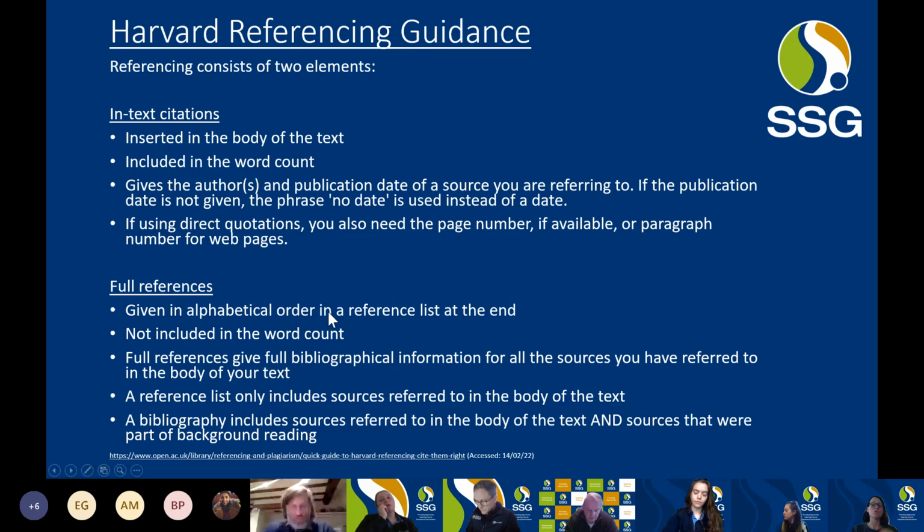And then you've got your full references list at the end. So that is anything that you have looked at while you've been completing that piece of work. So you might not have directly taken text from it, but if you've looked at it and used the ideas from it, then it needs to be included in your references, in your bibliography.